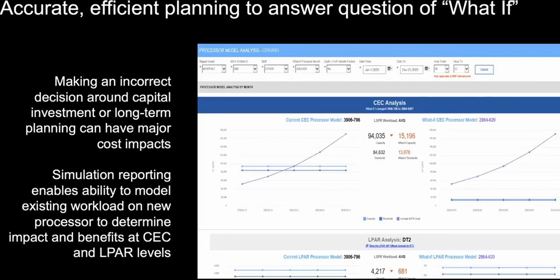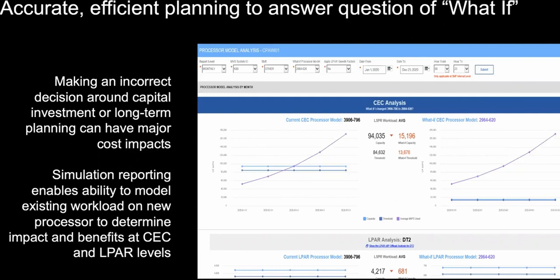So I'm going to dive a little bit further into capacity planning activities here. One of the real things that capacity planners have to do is make smart investments. If you're purchasing new hardware, upgrading to the latest technology, if you're blindly making those capital investments, you can sometimes hit mistakes where the expected benefits really aren't realized to the level that you wanted.